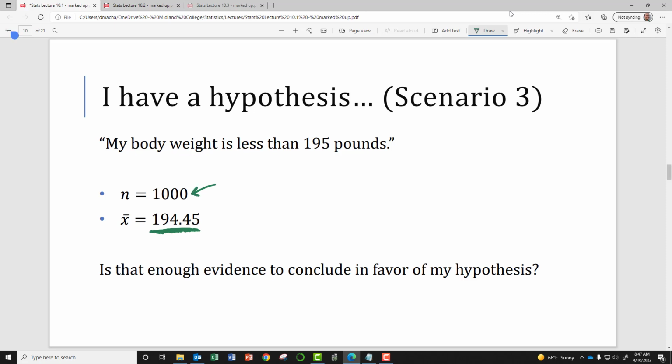So as my body weight is fluctuating between me drinking water and obviously expelling the water, this is going to capture all of the variation in a very refined way. And so with my sample size so large, what does that do to the distribution of my sample mean?